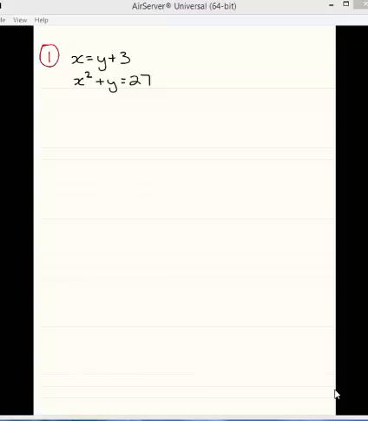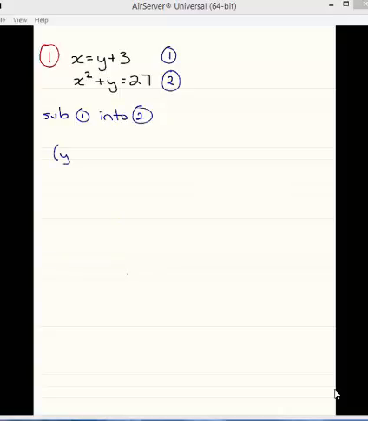If we've got an example like this, x equals y plus 3 and x squared plus y equals 27. The second equation is a quadratic, and that means that we're going to get more than one possible solution for your x. Because the first equation is x equals y plus 3, it's going to be quite easy to substitute that into equation number 2.